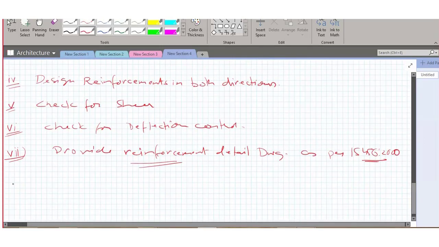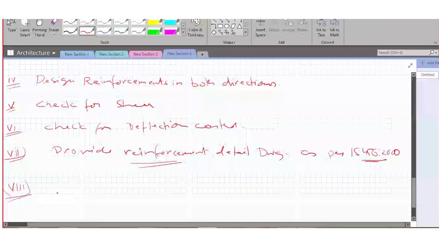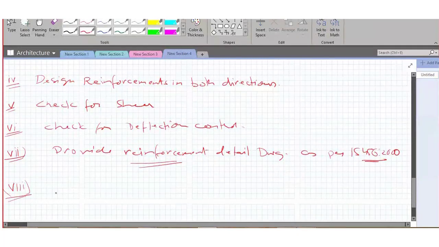Finally, one more step: you check whether the corners are allowed to lift or not. If corners are not allowed to lift, let us say you have a discontinuous edge, you have to provide torsion reinforcement.